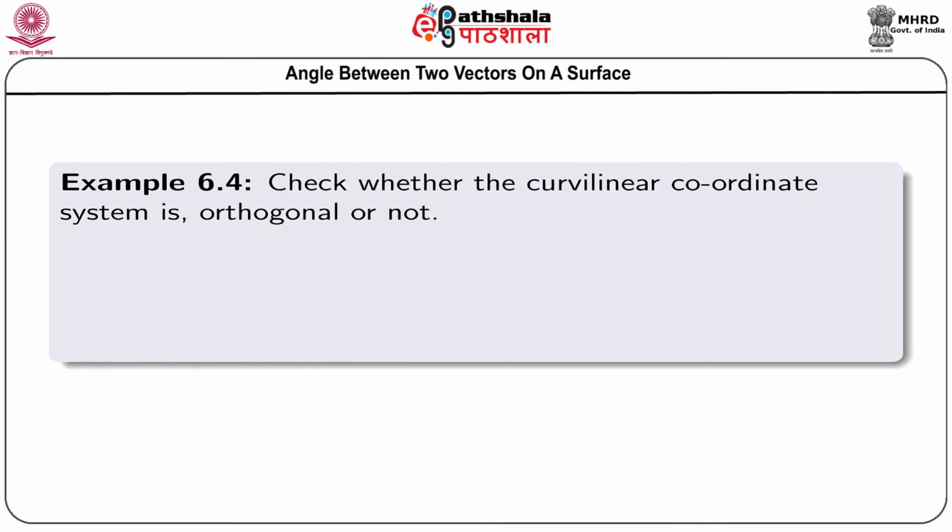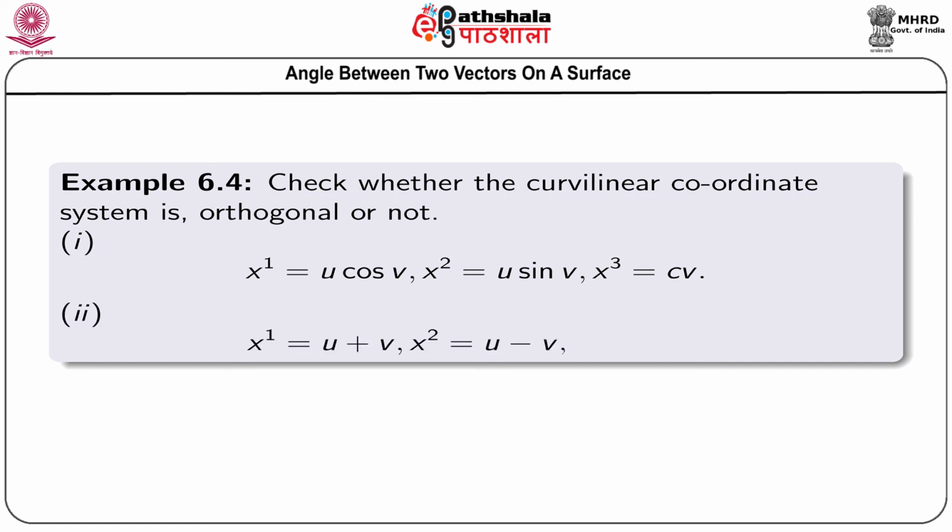Now, let us check whether the curvilinear coordinate system is orthogonal or not for the following surfaces. We consider this surface x1 equal to u cos v, x2 equal to u sin v, x3 equal to c v, where c is a constant, and we will also see for the surface x1 equal to u plus v, x2 equal to u minus v, x3 equal to 4uv.